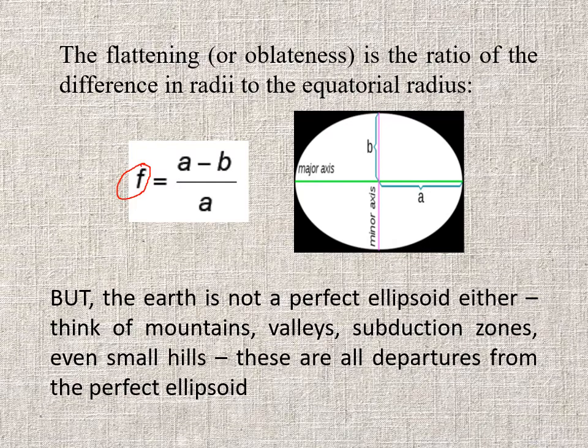It is mathematically defined as the difference in the radius of the two, that is the semi-major axis, the equatorial axis A, here it is, and the semi-minor axis, the polar axis B. That is the difference between the semi-major axis and semi-minor axis divided by the semi-major axis.